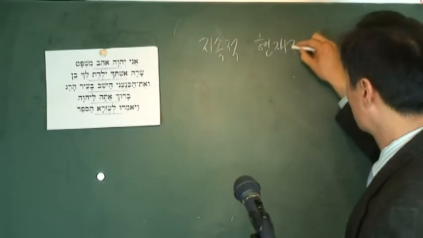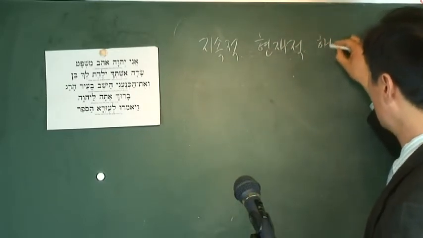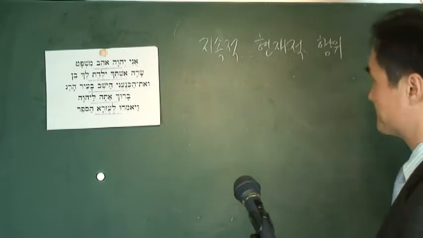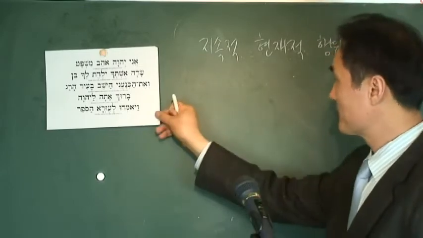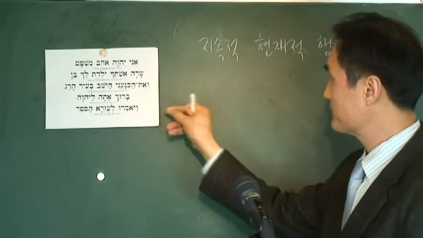First, a participle is used to show a continuous or ongoing action.